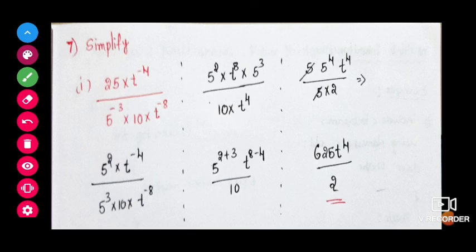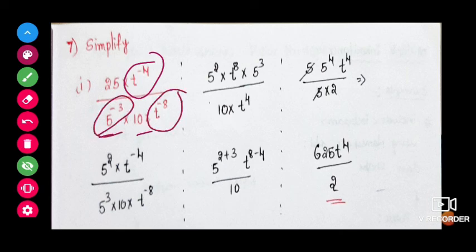Next one, 25 into t to the power minus 4, 5 to the power minus 3 into 10 into t to the power minus 8. First, children, I will make all the negative powers here, t to the power minus 4, 5 to the power minus 3, t to the power minus 8, into positive powers by sending them from the numerator to the denominator, denominator to the numerator.